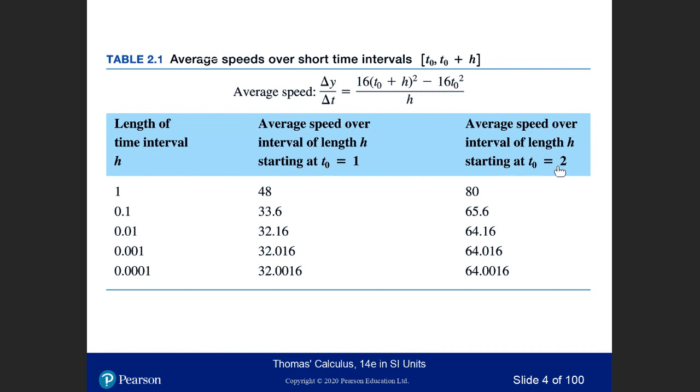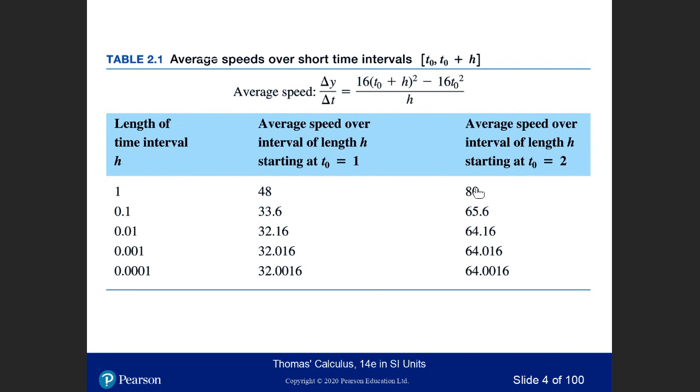Now when t0 is 2, t0 plus h is 3, that's 9 times 16, minus 64, which is actually 80.